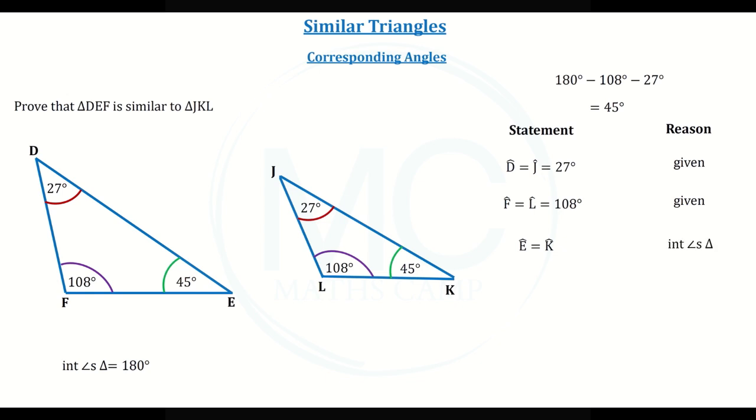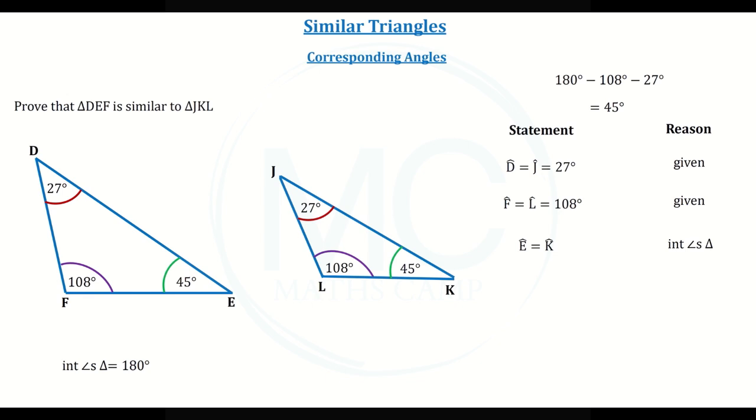What is very important to note here is that the sum of the interior angles of a triangle is always 180 degrees. So the sum of the interior angles of triangle DEF is 180 degrees, and the sum of the interior angles of JKL is also 180 degrees. We know that angle D is equal to angle J, which is 27 degrees.